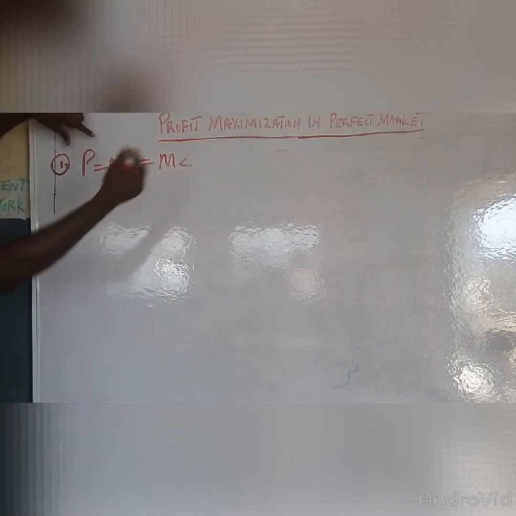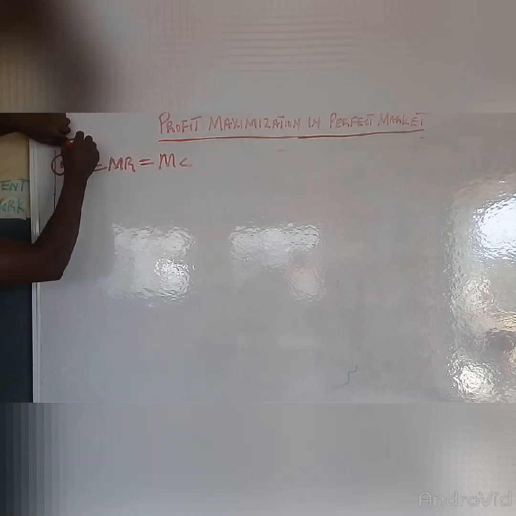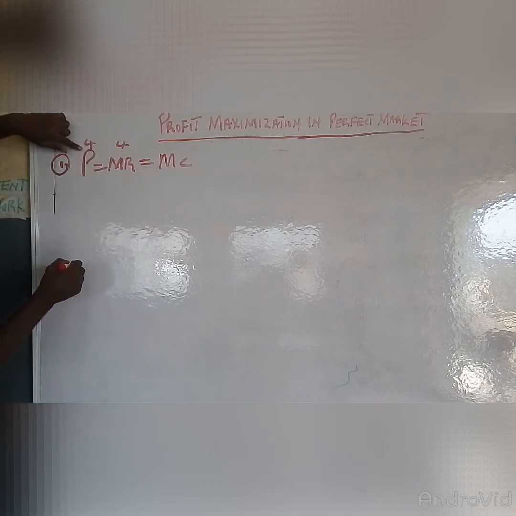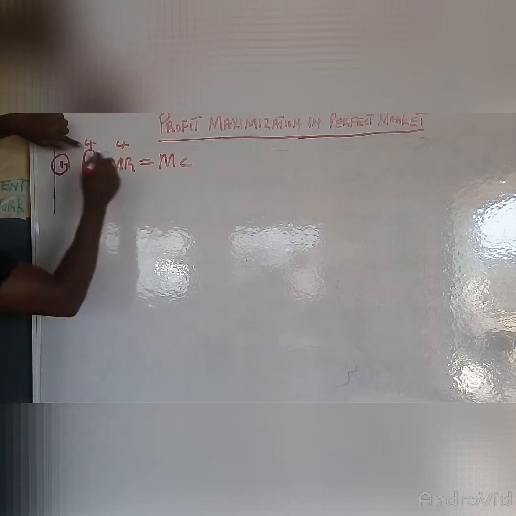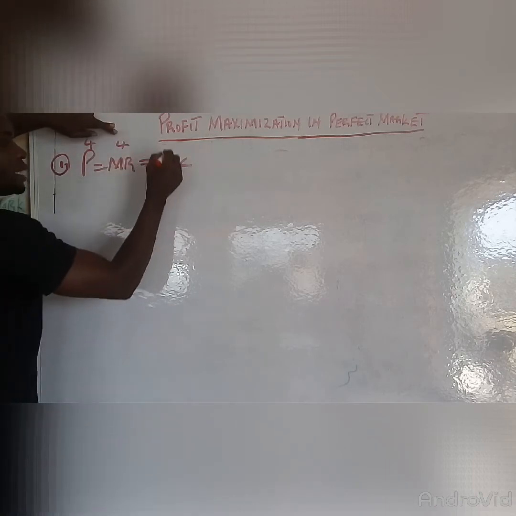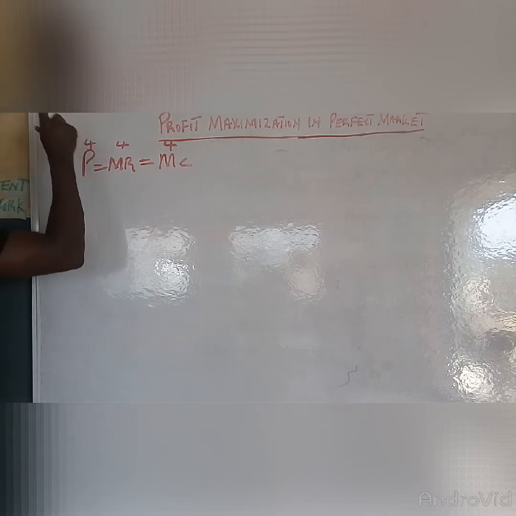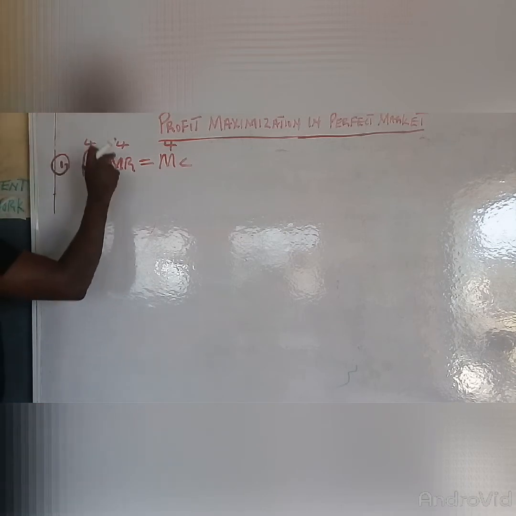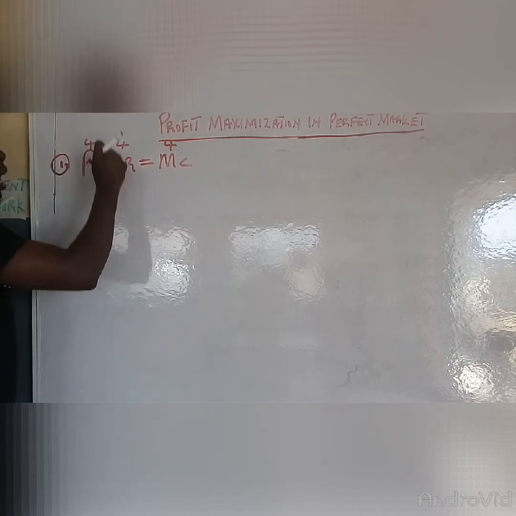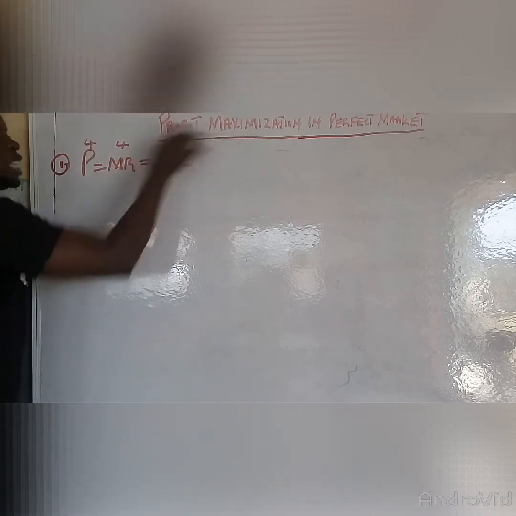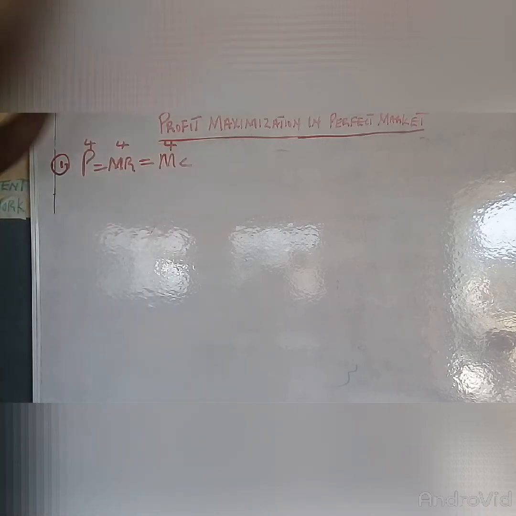Now, what do we mean by this? If P is 4, it means your MR, which is marginal revenue, must also be 4 at the same units. Then the value for your marginal cost must also be the same, which is 4. So the point at which price equals marginal revenue and that marginal revenue equals marginal cost, that is the point where highest profit is made in a perfect market.